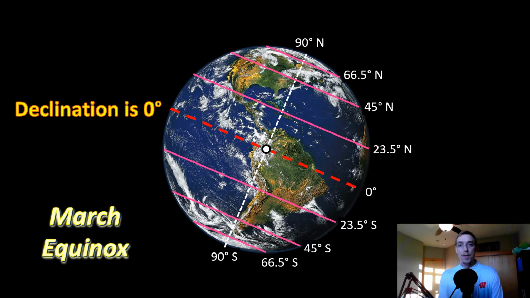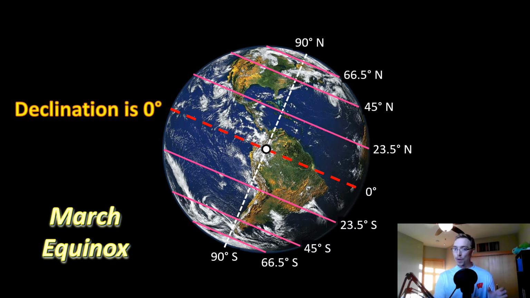Well, if we remember back, equa, obviously, we see this in words like equidistant, equilateral, equal, right? It means that something is equal. Well, if we look at that word nox, Latin, I believe, night, or sorry, light, pardon me, not night. So basically, equinox, equal light.